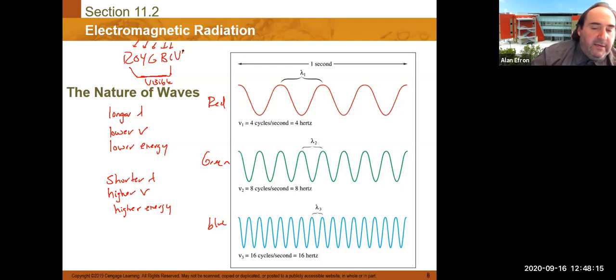So what we see here, if we compare these 3 colors, just by looking at the waves, we see that the wavelength for red is longer than the wavelength for green, than for blue. So we can make a pretty safe assumption that even in terms of color, there is a difference in terms of energy. Red would be the lowest in energy because it has a longer wavelength, a lower frequency, and would have lower energy.